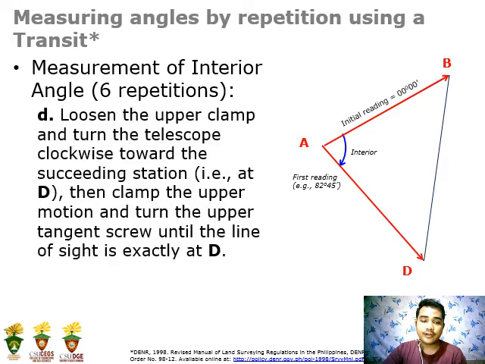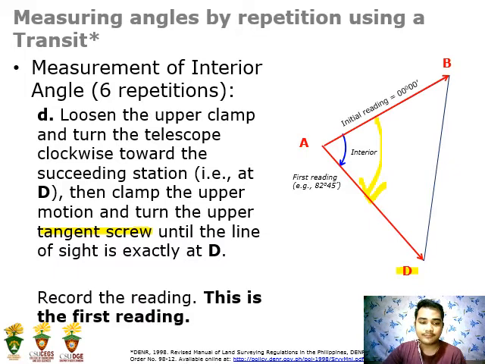Then for the next step, loosen the upper clamp and turn the telescope clockwise toward the succeeding station, clockwise from B to D. Then clamp the upper motion and turn the upper tangent screw until the line is sighted exactly on D. We use the tangent screw to sight station D. Record this reading, and this is the first reading.